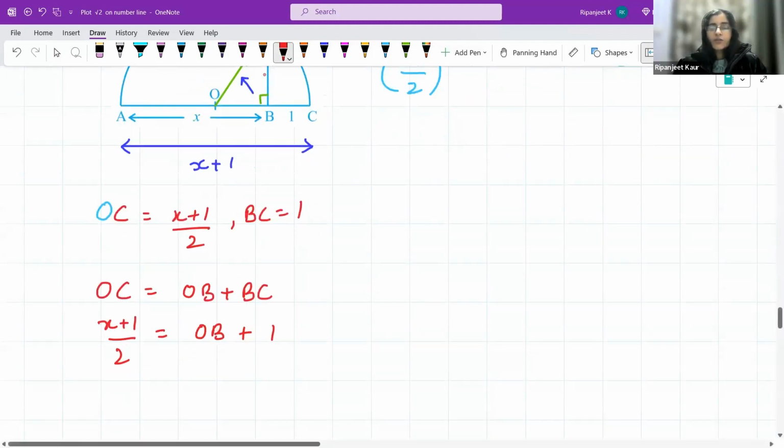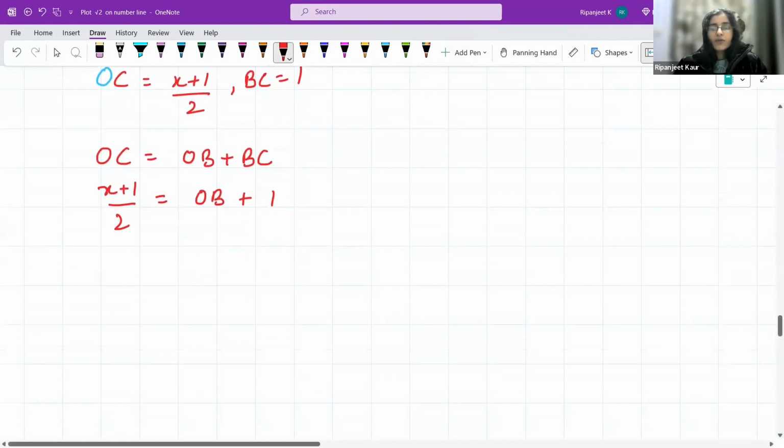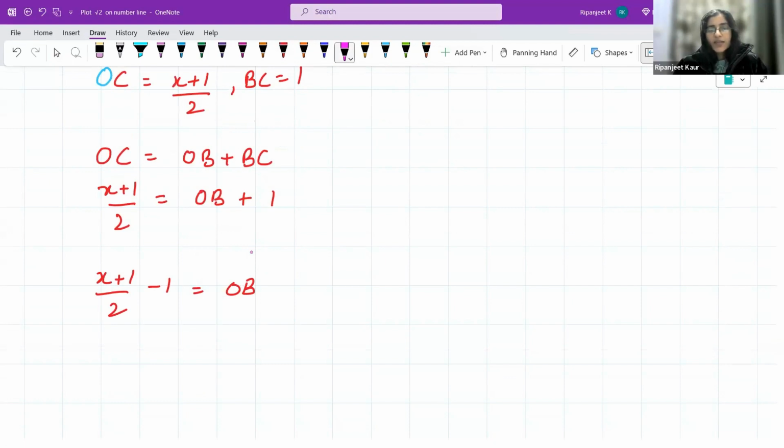Okay. Now let us solve this a little. We know when plus 1 goes to the other side, it becomes a minus 1 equals OB. Now after this, we just take the LCM. If there is nothing, then it is 1 multiplied by 2, over 2, right? So it becomes x plus 1 minus 2 over 2.